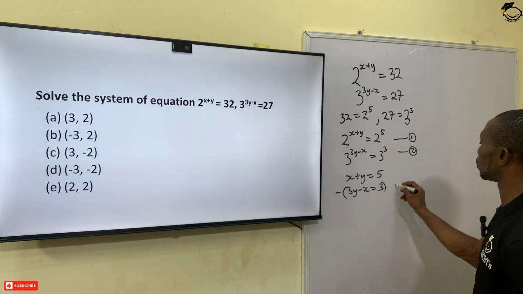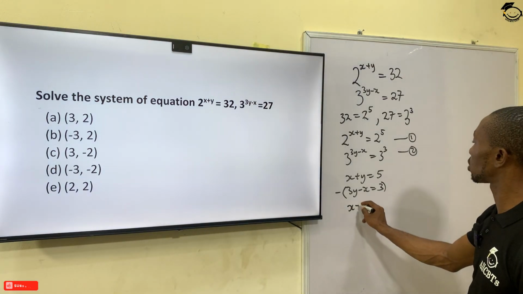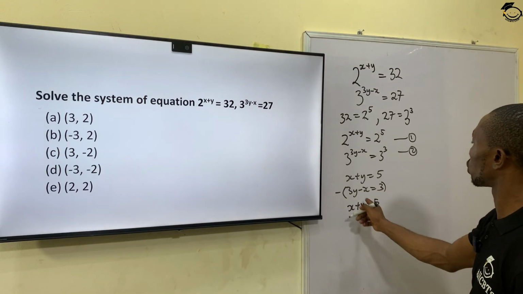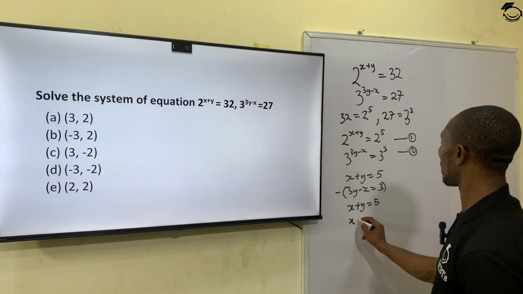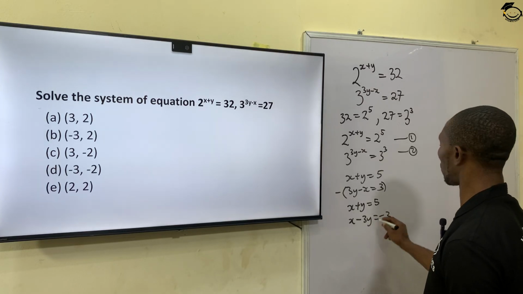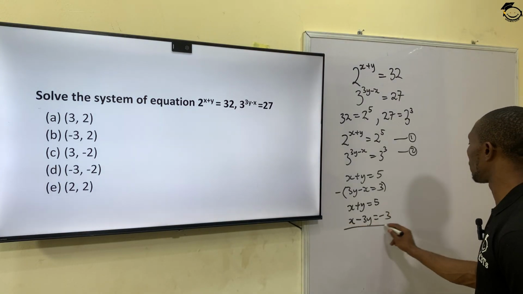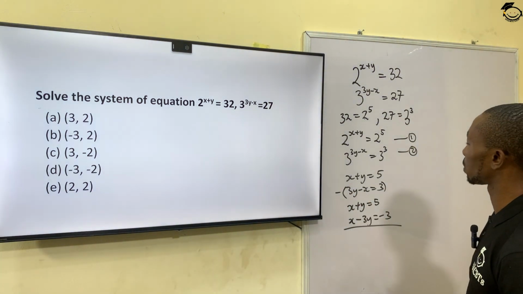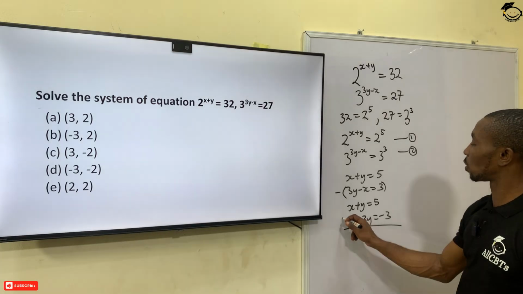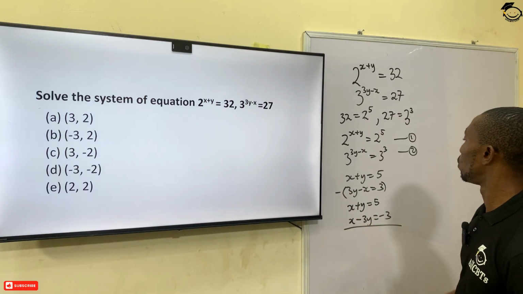So we have x plus y equals 5 for equation 1. Equation 2 becomes x minus 3y equals minus 3. Now we have common terms here that we can eliminate. Since they are both positive, we will use what?